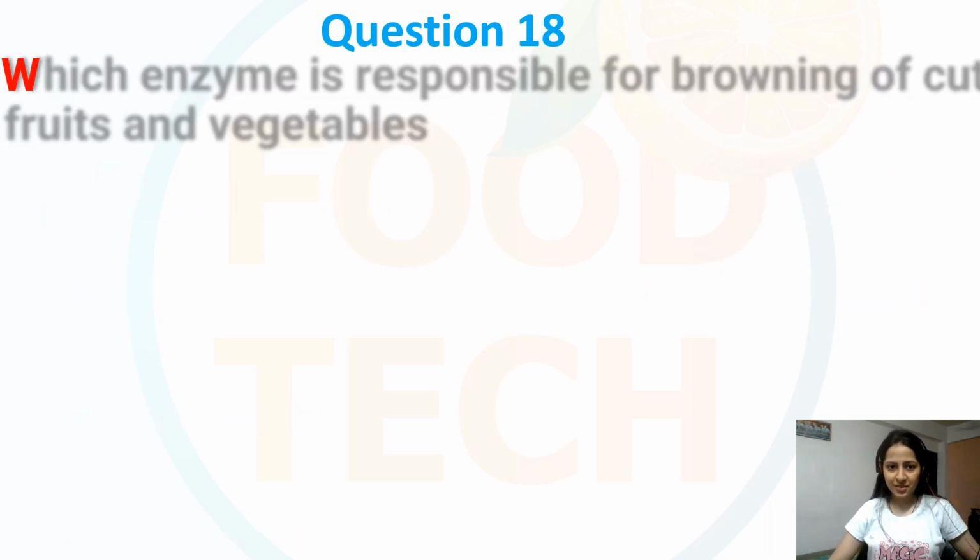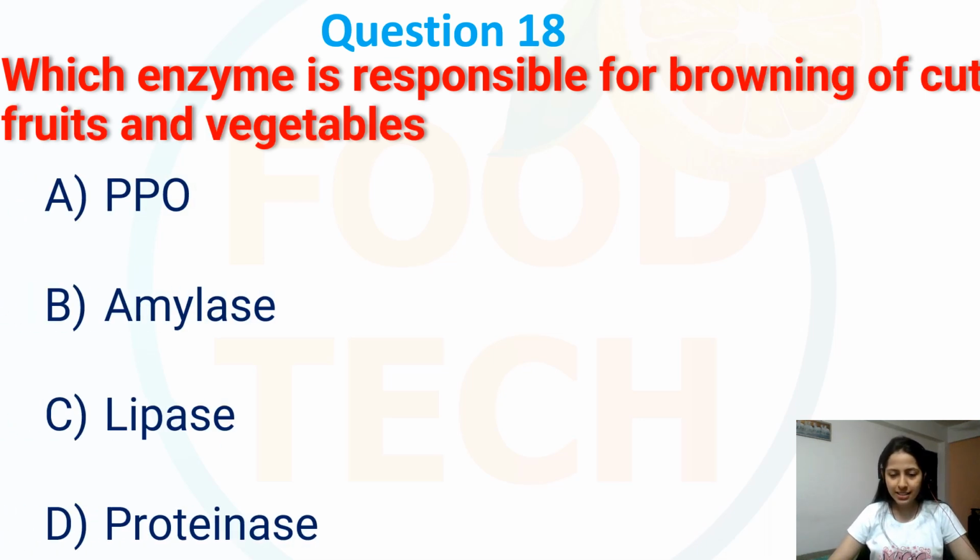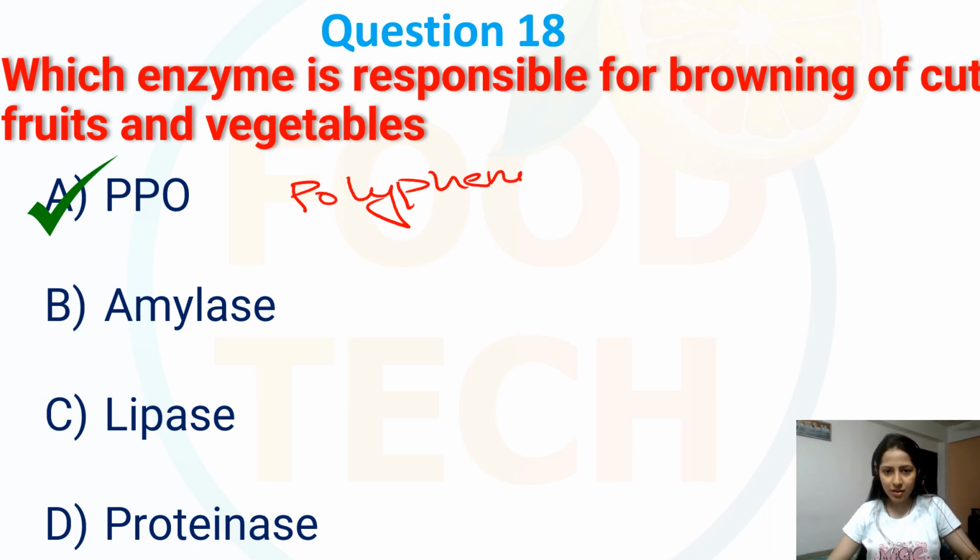Question number 18. Which enzyme is responsible for the browning of cut fruits and vegetables? The options are polyphenol oxidase, that is PPO, amylase, lipase, or proteinase. The correct option is A, polyphenol oxidase enzyme. This enzyme is responsible for the browning of cut fruits and vegetables.